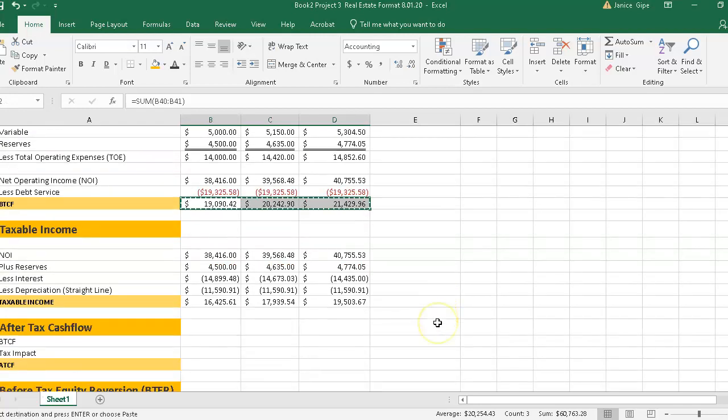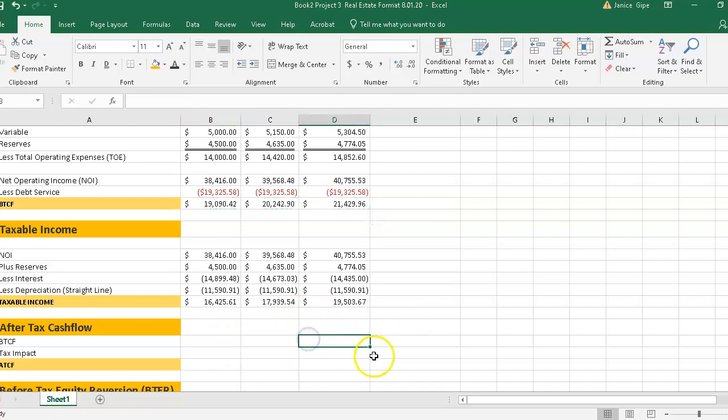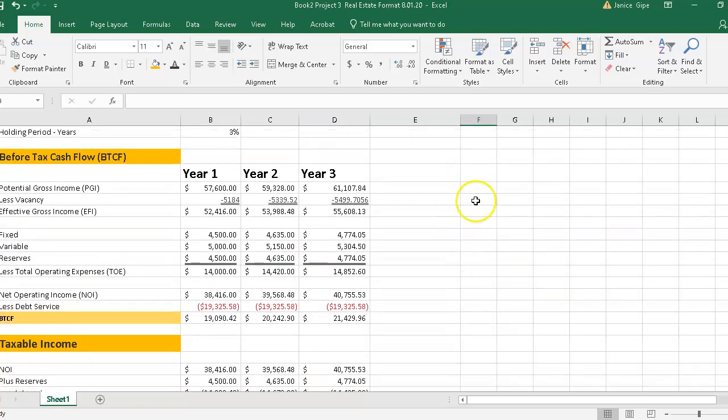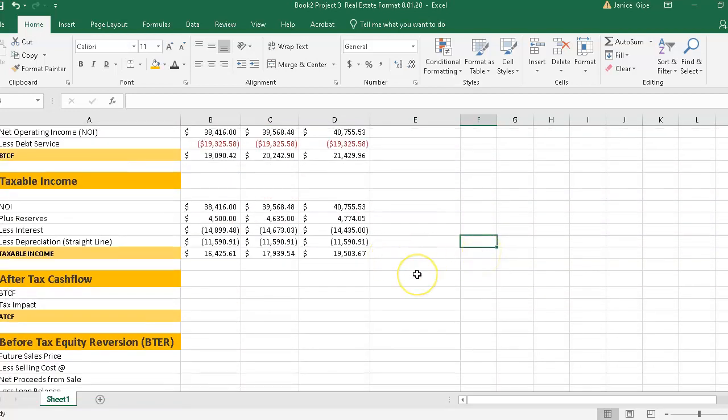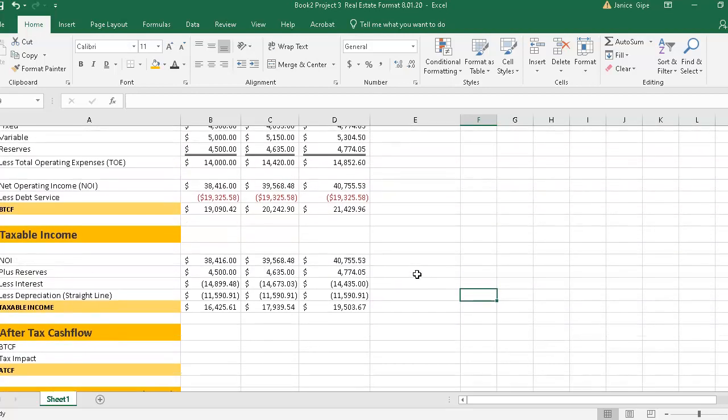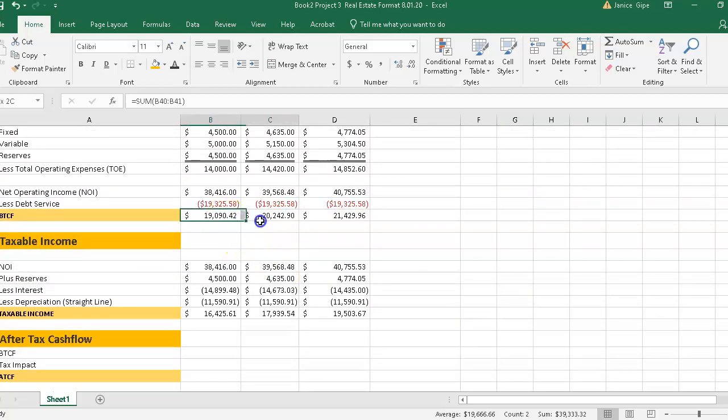Didn't like that. So I'm going to try that again. The before-tax cash flows are these numbers right here.